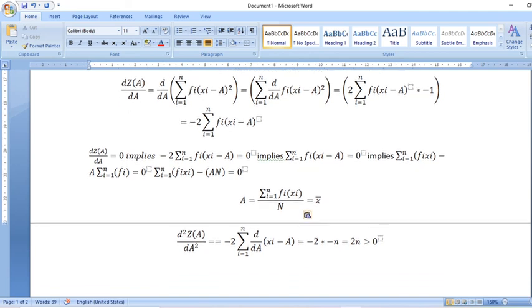So in this case also we obtain that a is equal to x bar.